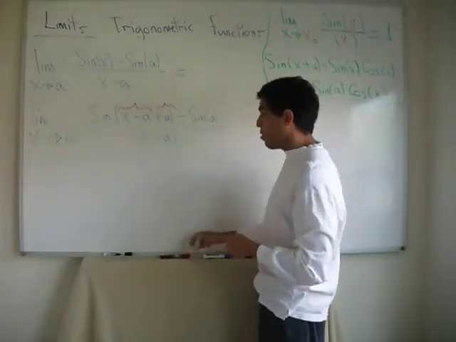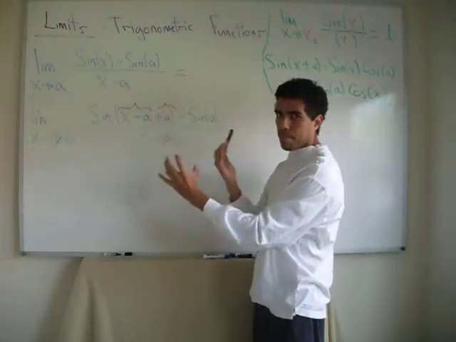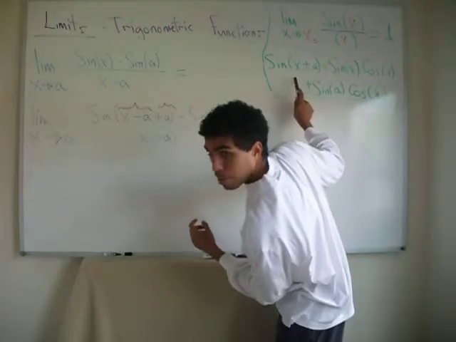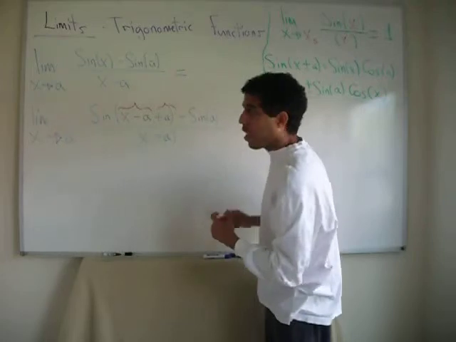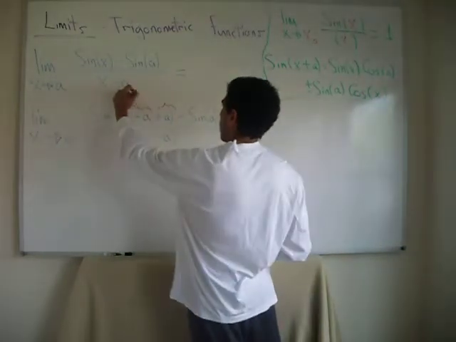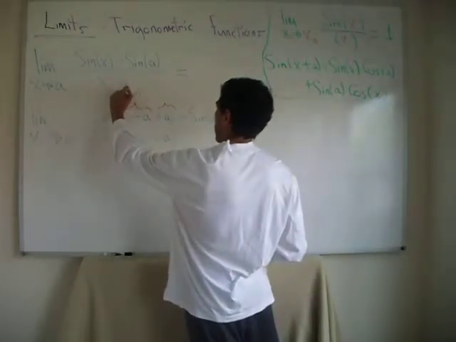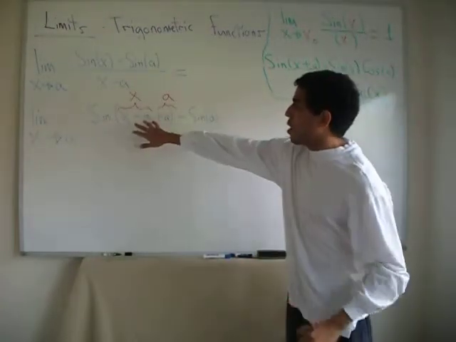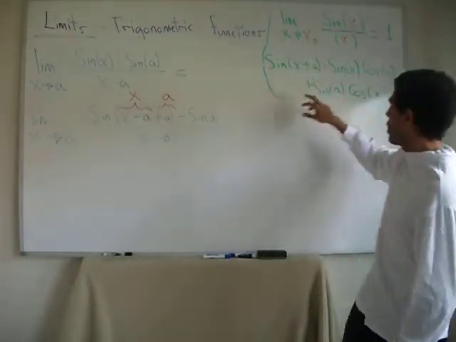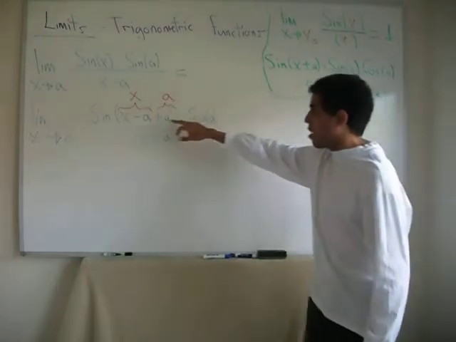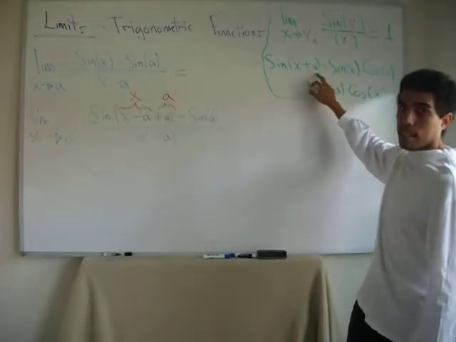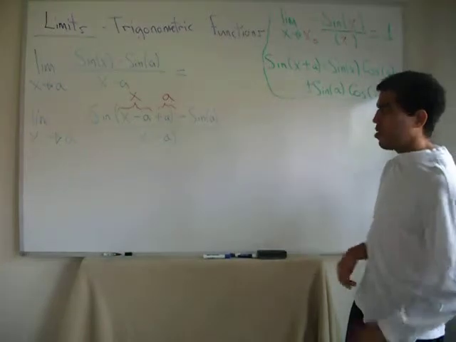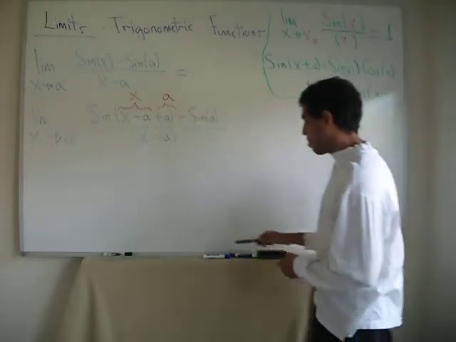So what I'm going to do next is separate them using this property right here, treating this as one part and this as the other part. This right here is going to act as x, and this right here is going to act as a.